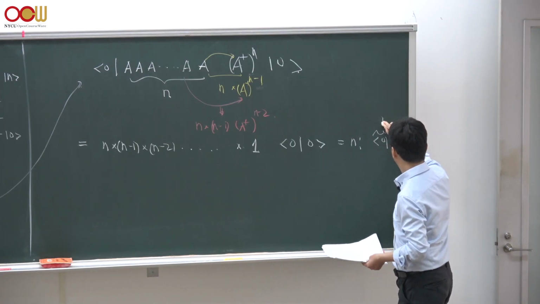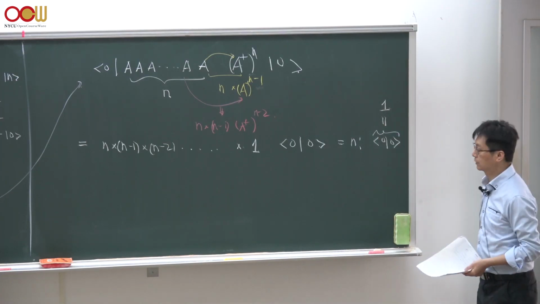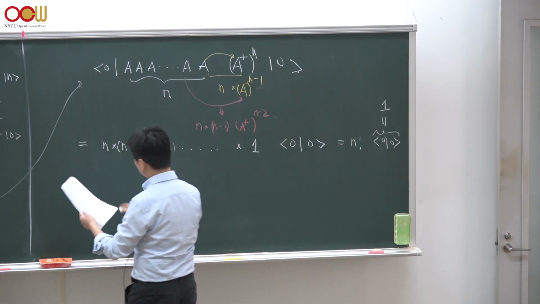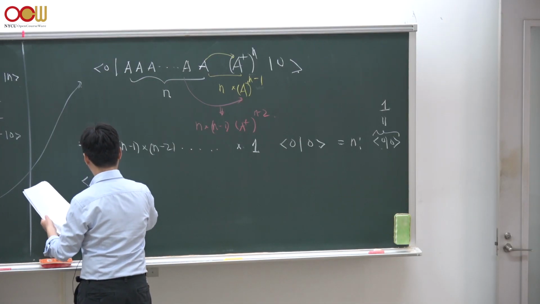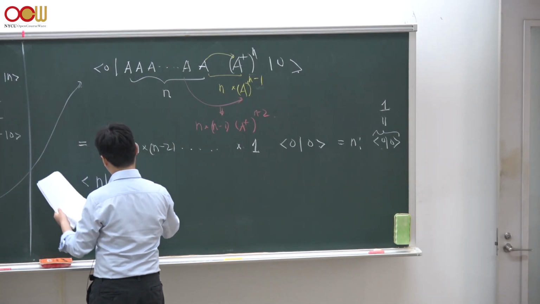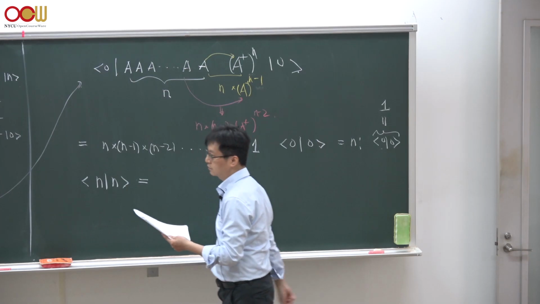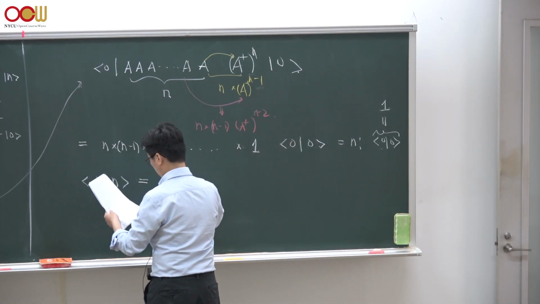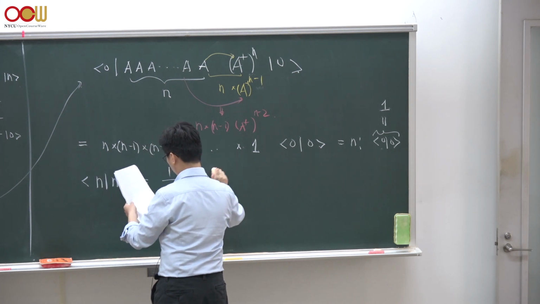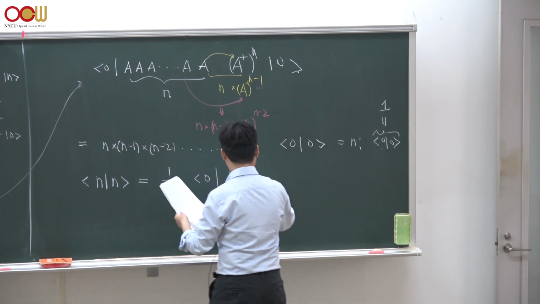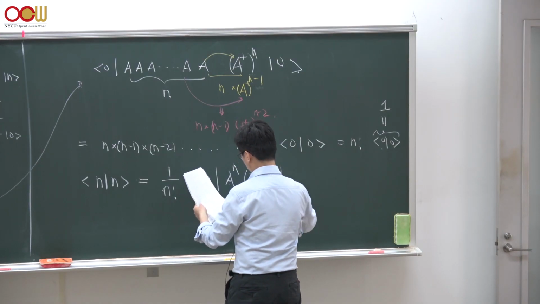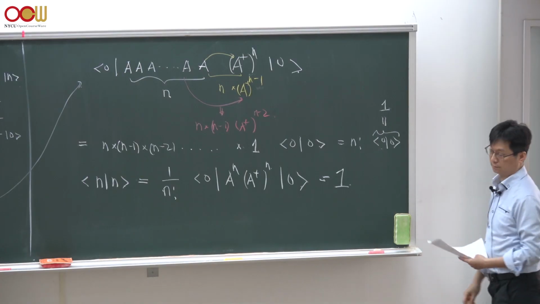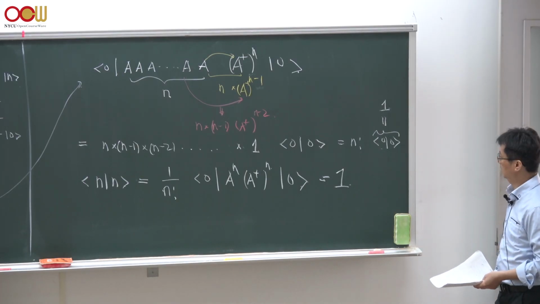By normalization, this is actually 1 because the ground state is normalized. As a result, we immediately see that this inner product of the nth eigenstate is given by 1 over n factorial times 0, a power of n, a dagger power of n, 0, which is 1. All right?